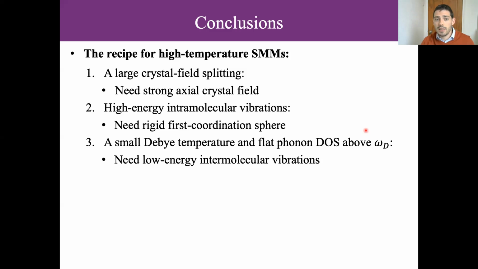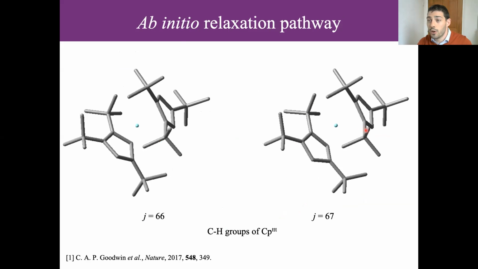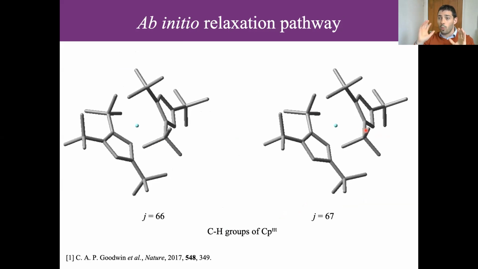The second thing you need is a small Debye temperature. That is when the acoustic phonons basically plateau and we start moving on towards the optical phonons. That happens when you have low energy intermolecular vibrations. Again, dysprosium works very well because essentially you've got this big ball of grease. If I go back to the picture, you've got three tert-butyl groups on each side, so a whole lot of grease packing this molecule away from everything else.